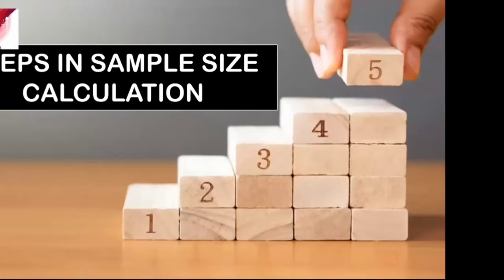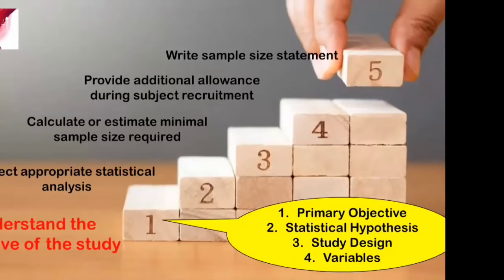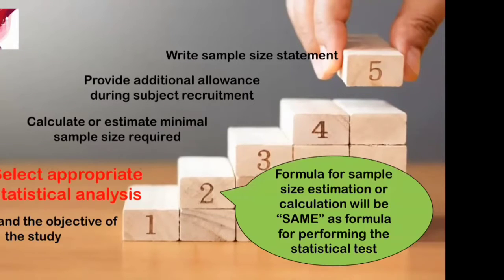There are many steps involved in sample size calculation. I am summarizing it as 5 steps. First is to understand your objective properly. The second step is to choose your statistical analysis. This is a very important step. Why? Because the formula used for sample size estimation is the same as that of the statistical analysis which you are going to use for your study design.